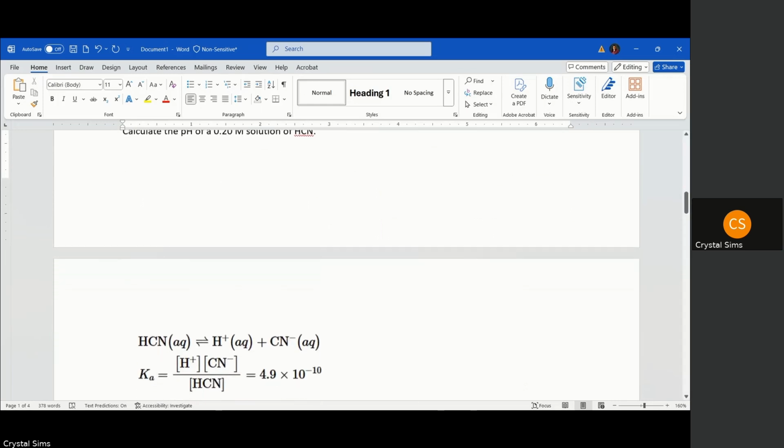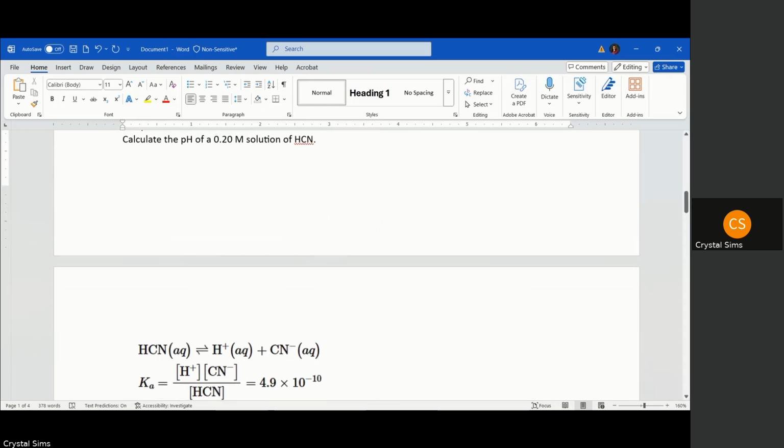So I went to Appendix D in the back of the book, and I found my Ka right there. So now once I've got that, I can set up my equation. Remember, that's going to be our first step for any of these, and then set up my formula for Ka, the acid dissociation constant.